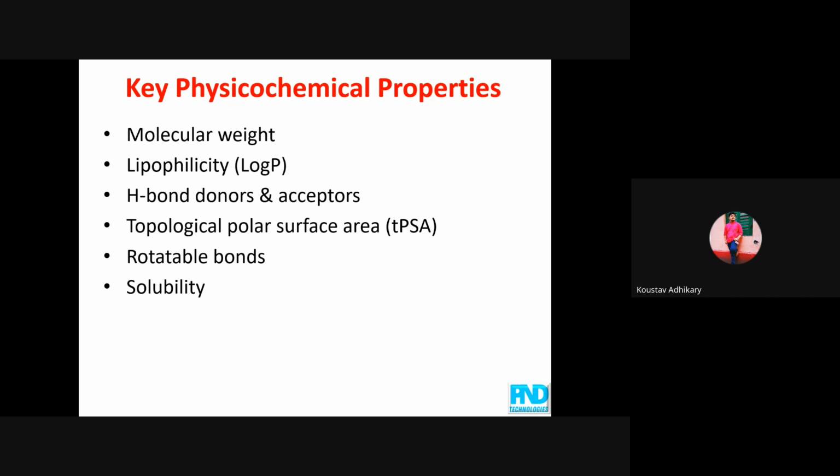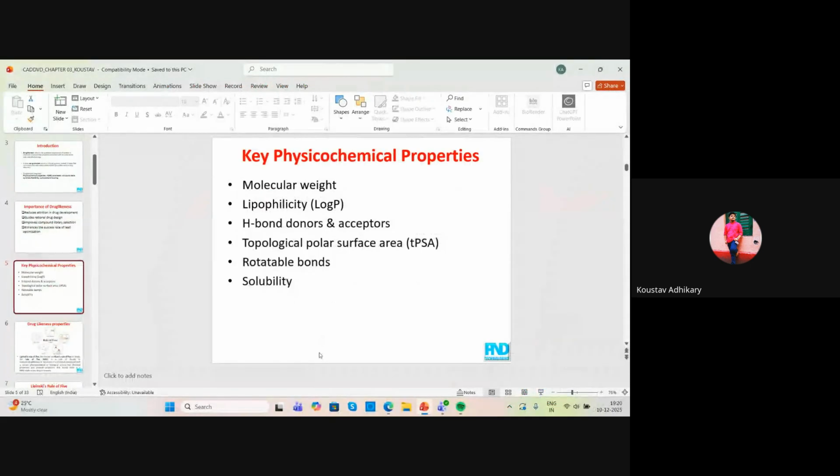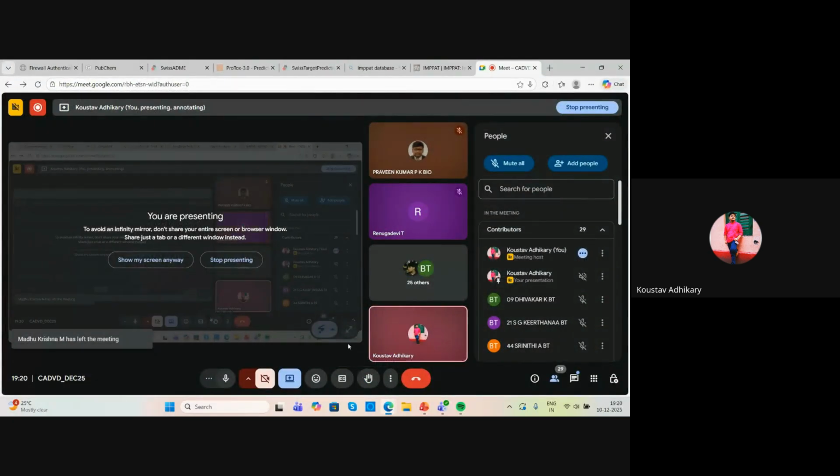At first, what are the key physicochemical properties of a drug? Molecular weight. Can you tell me why molecular weight is important?